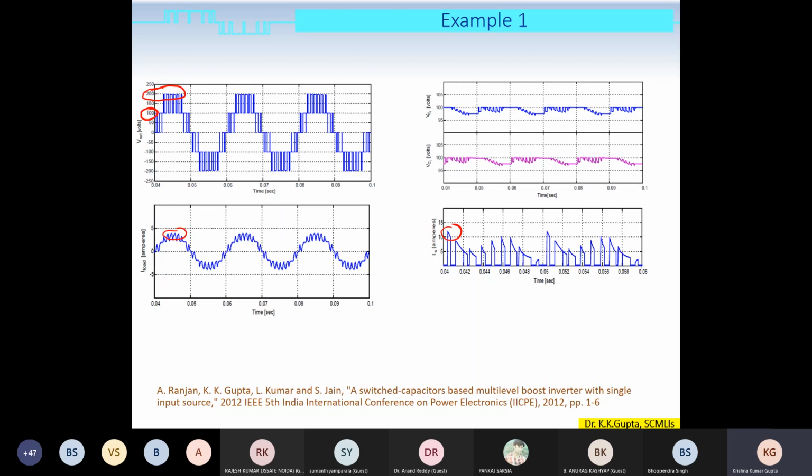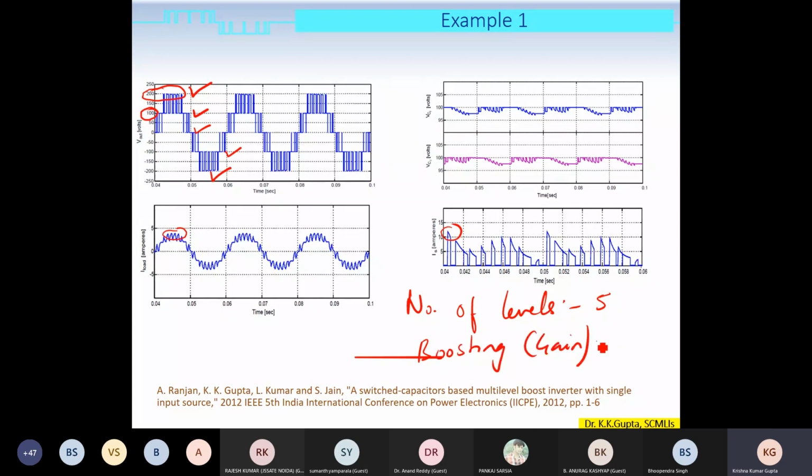Now I'll be giving some more examples. Here we see the number of levels in the output: 100 is one level, 200 is one level, 0 is one level, minus 100 and minus 200. So the number of levels here is 5. And the boosting factor, the gain that we are obtaining from this topology, is 2.